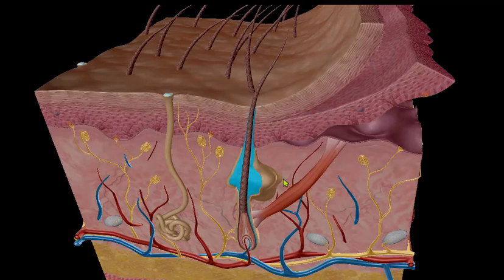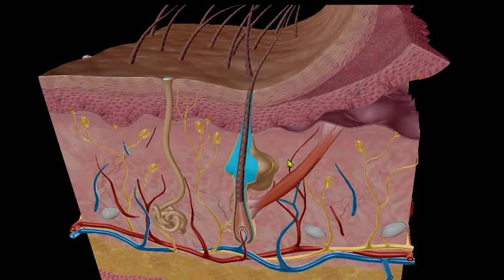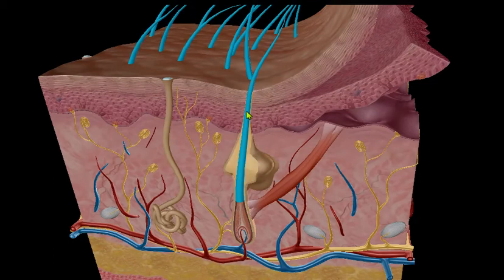The other accessory structures that we have within this area beyond the sebaceous glands and the sweat glands are the hairs, of course, which are also embedded within these two regions that we've been discussing. And of course, nails are also regarded as accessory structures, which we are not able to appreciate on this cut section of this 3D model.